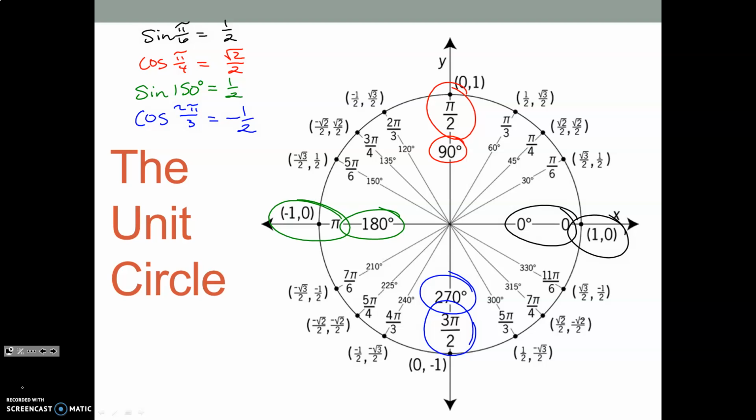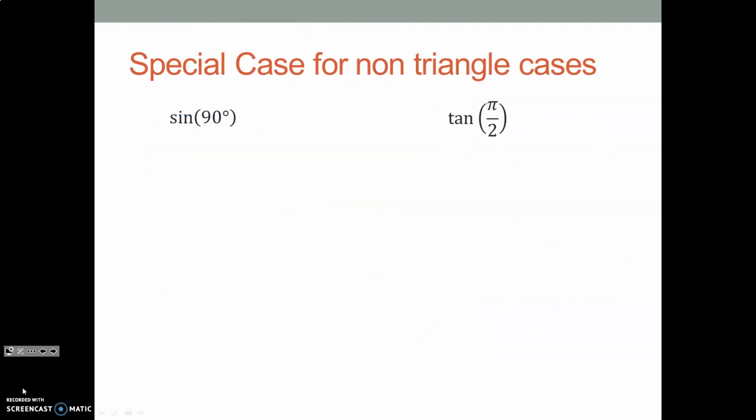So we're going to be using that unit circle for those special cases, and we need to remember that cosine goes with your x's, and sine goes with your y's. On the next page, I just threw a couple examples down there for us to work through.